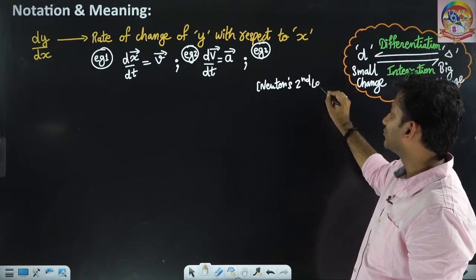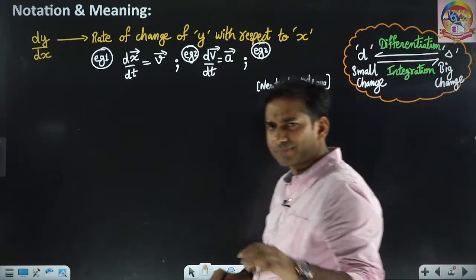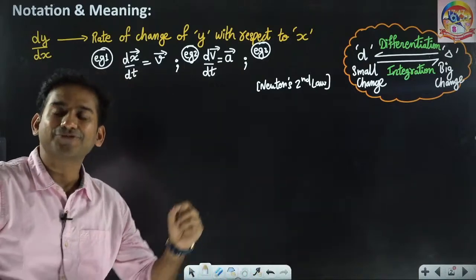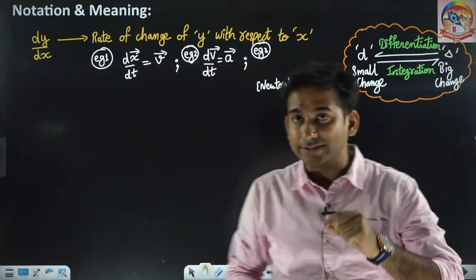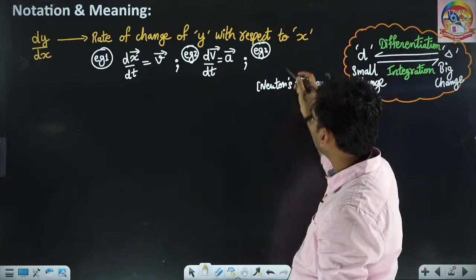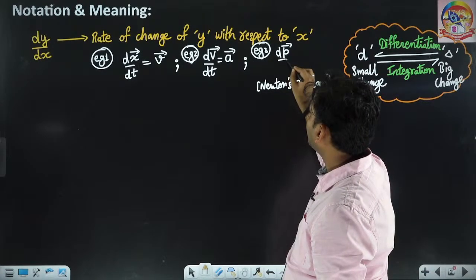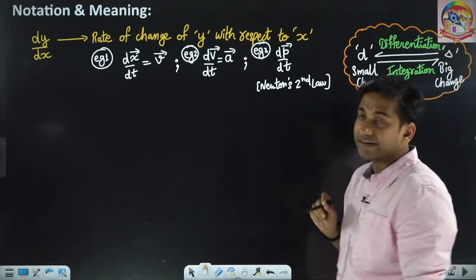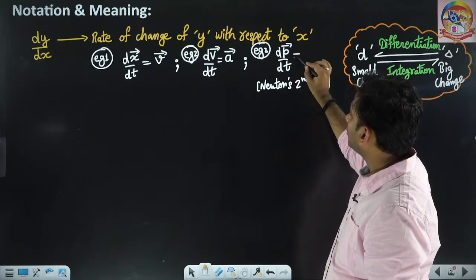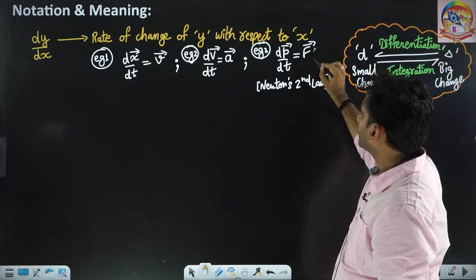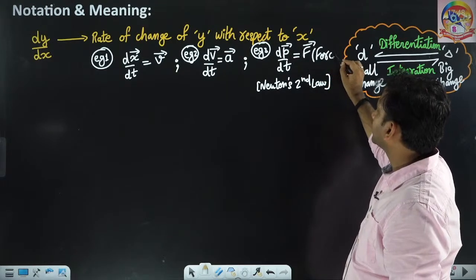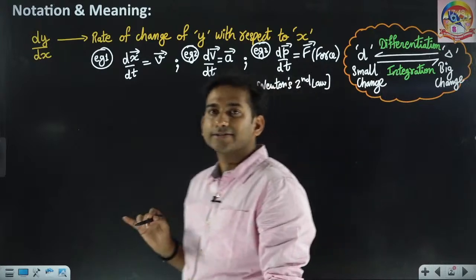It talks about force and linear momentum. So the time rate of change of linear momentum will give you the force. So you will say dp vector by dt is force. Okay, Newton's second law is that dp by dt is force.